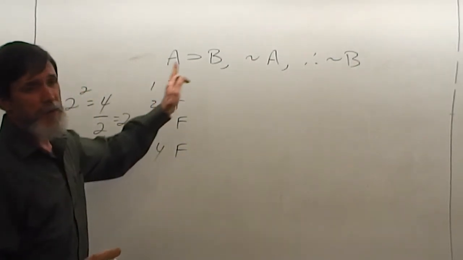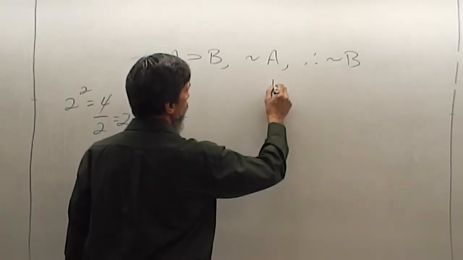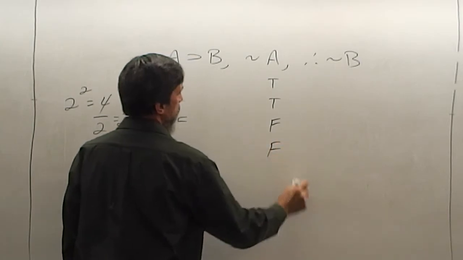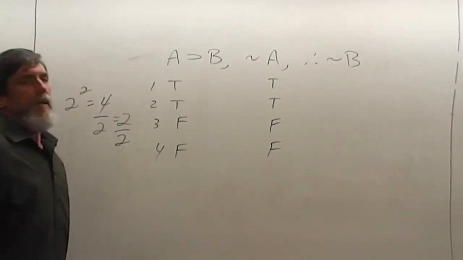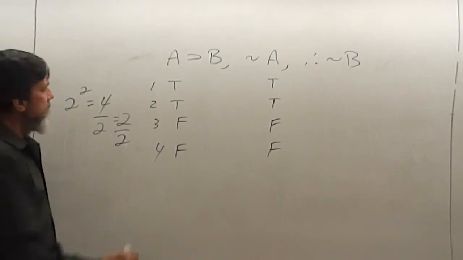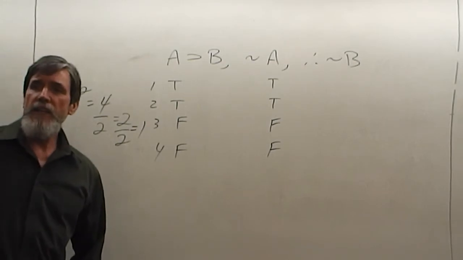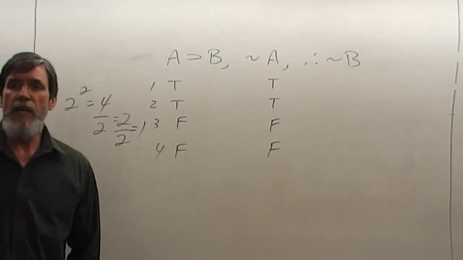Sooner or later you have to reproduce that column under every occurrence of A. I'm going to go ahead and do it right now. And then back to our formula. When we divide by 2 again, that's going to tell us the column under the next, in this case the last, unique simple statement.